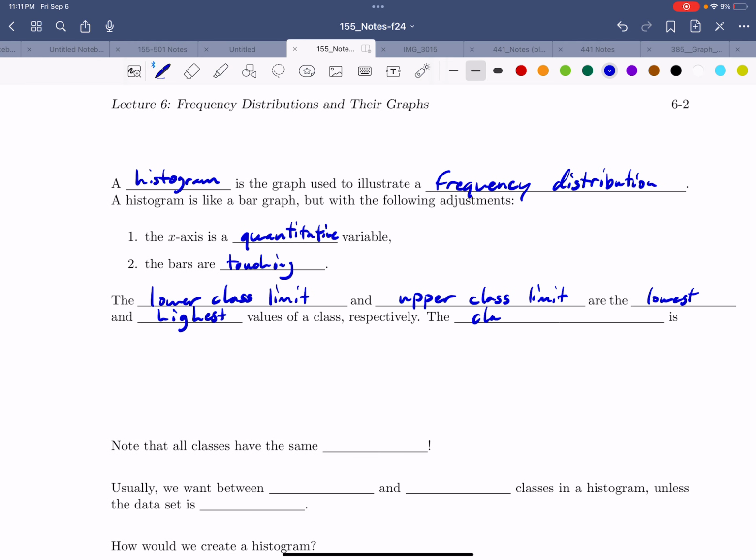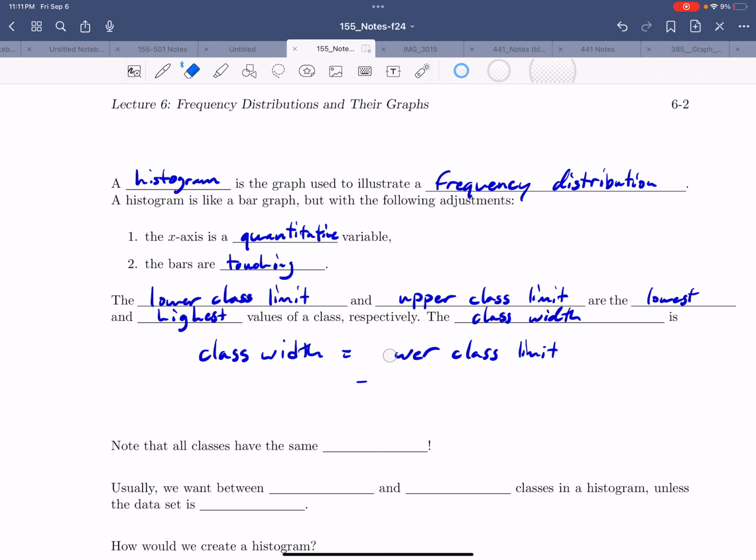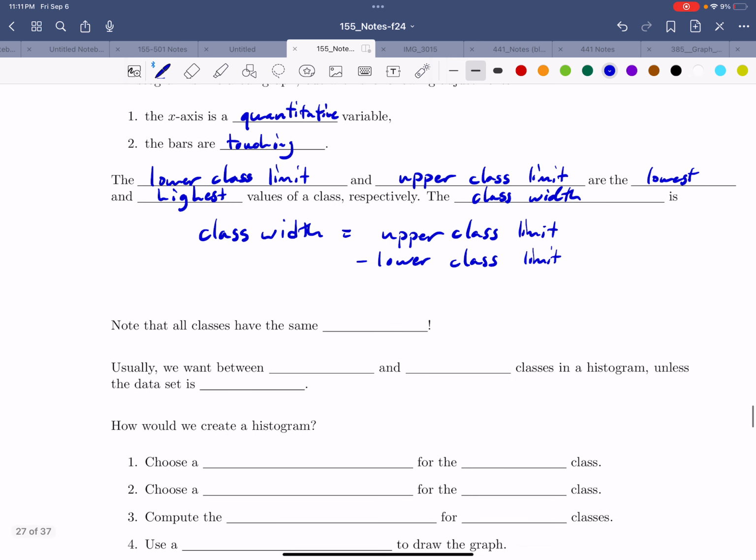The class width, you might guess, is the following. The class width is going to equal the upper class limit minus the lower class limit. Note that all classes have the same width.